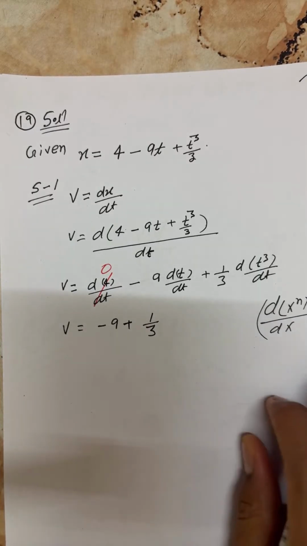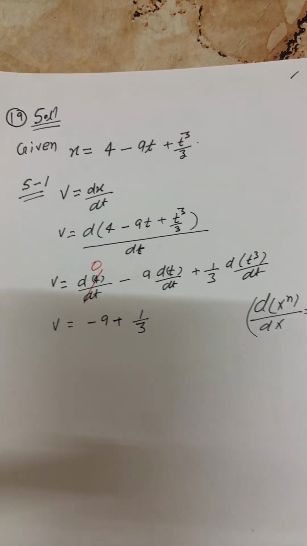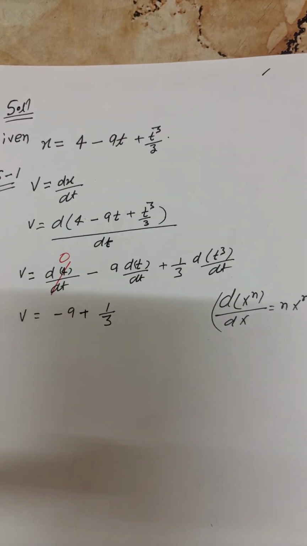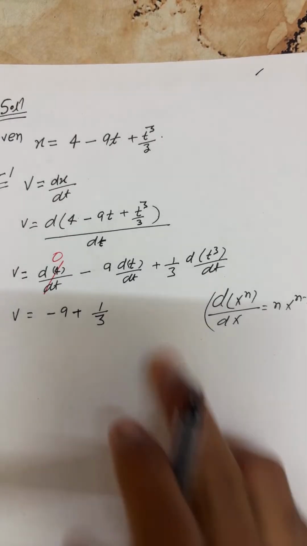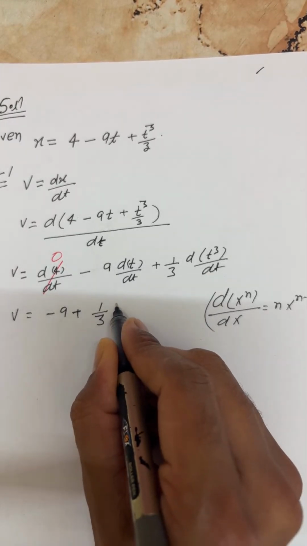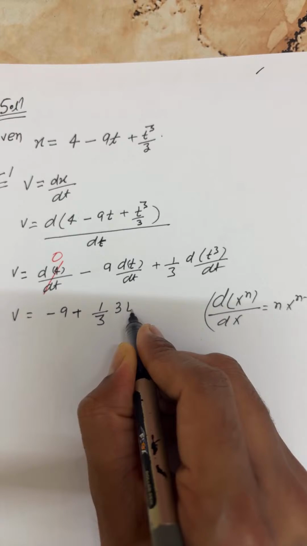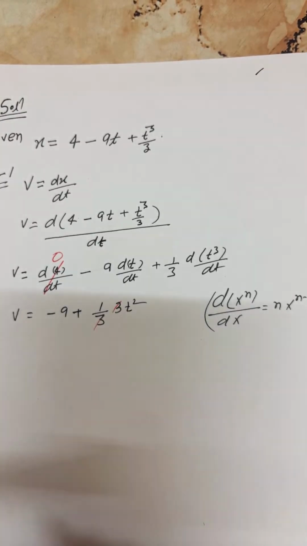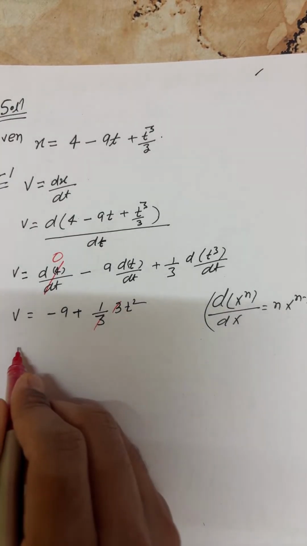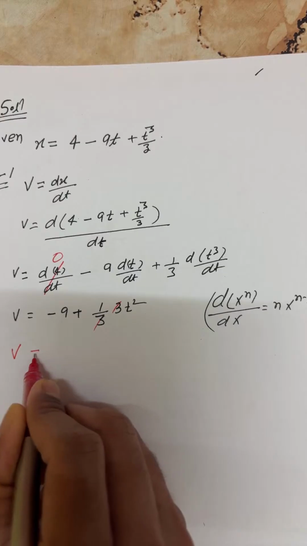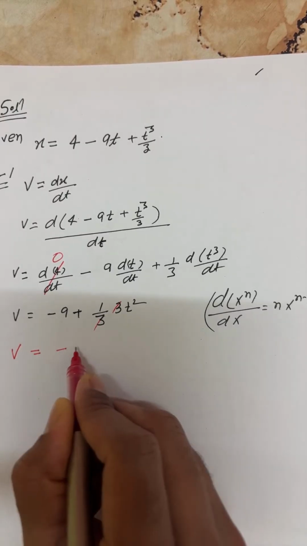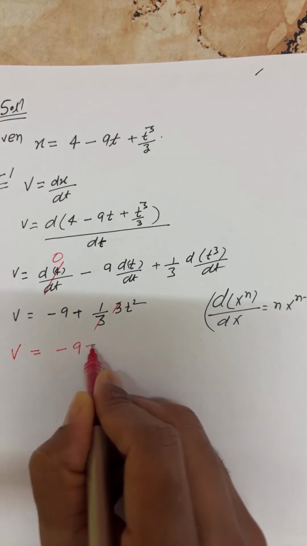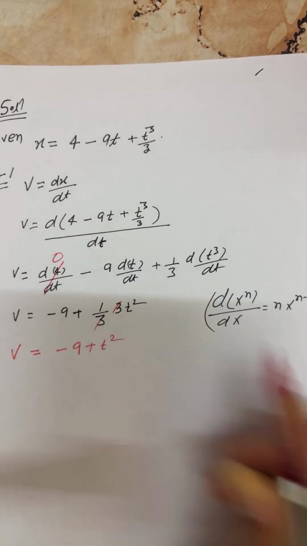So I'll apply this formula to get the answer of this differentiation. So you can see simply this is 3t squared. The 3 cancels here. So finally, we can write v is equal to minus 9 plus t squared.